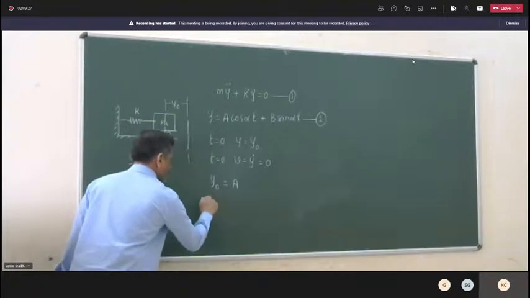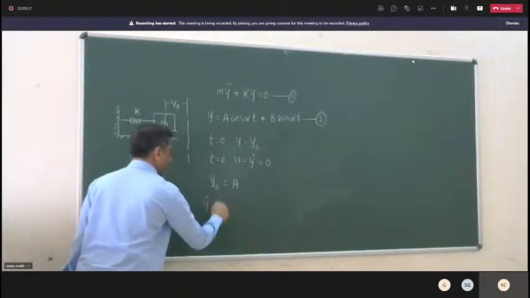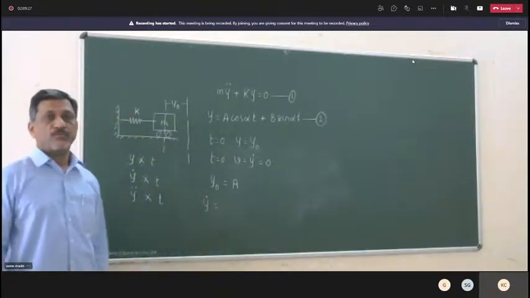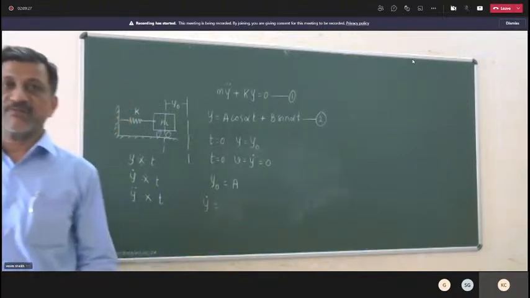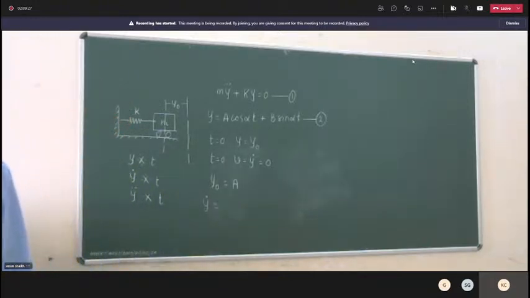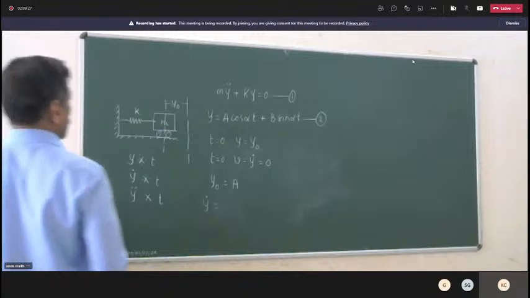You will get y dot is equal to what is derivative of cos alpha t? Minus sin alpha t. That's all. Alpha is also to be taken out.